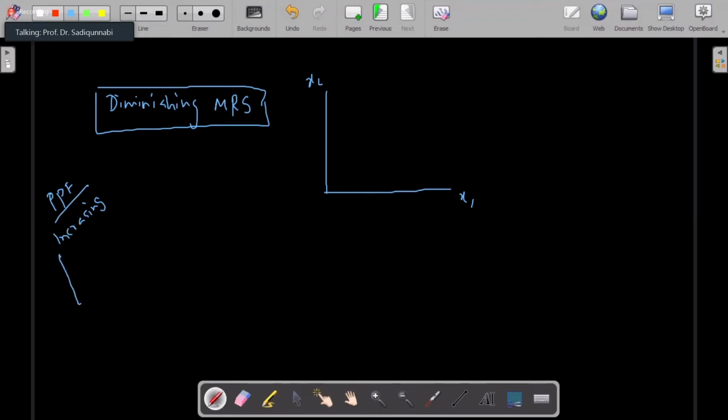So when increasing, the curve looked like this. Suppose you are increasing 1 by 1 unit, then your sacrifice is increasing, the gap is increasing. When the rate is diminishing, then your curve should look like this.